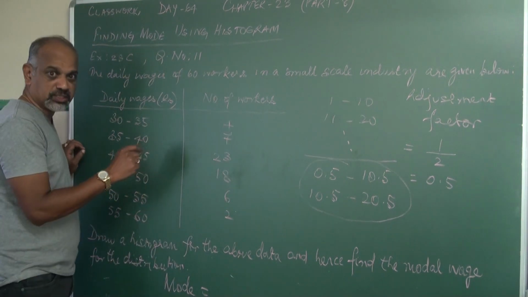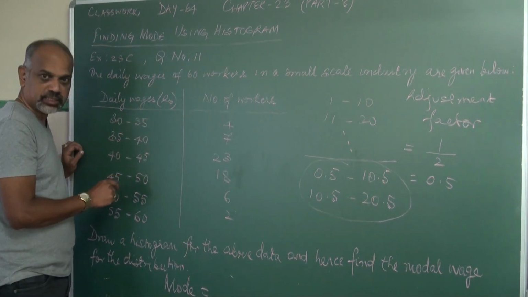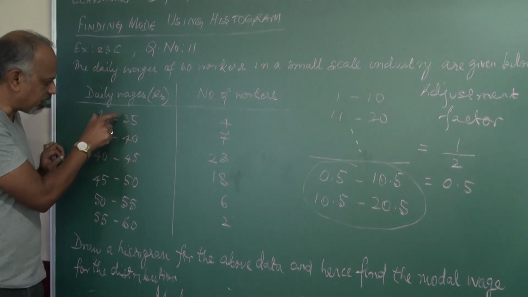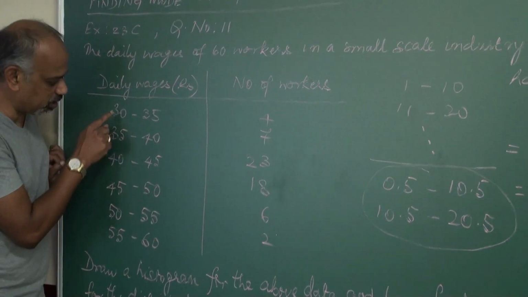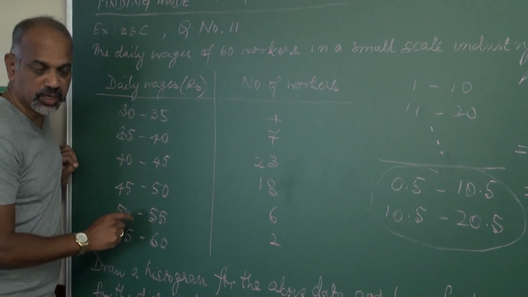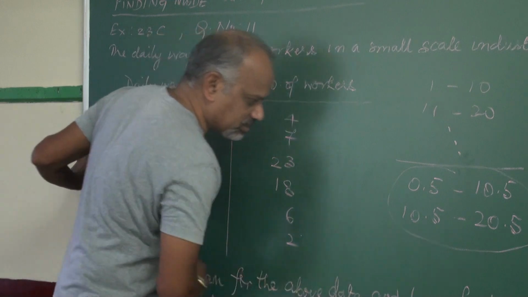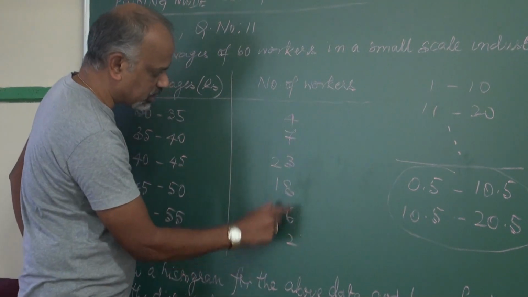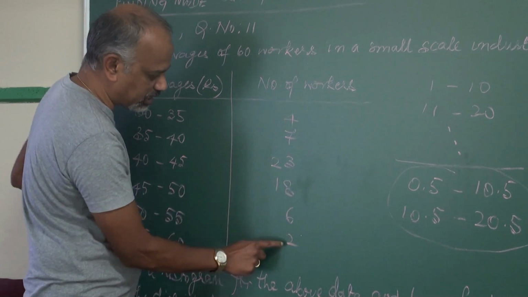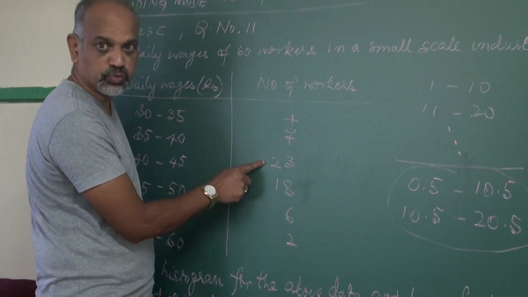Now to draw what is there on the whiteboard, the graph. These values, starting from 30 up to 60, have to be plotted on the x-axis. X-axis is the horizontal line. And these values, if you see, the least value is 2 and the highest value is 23.